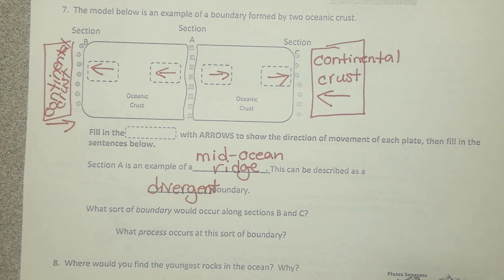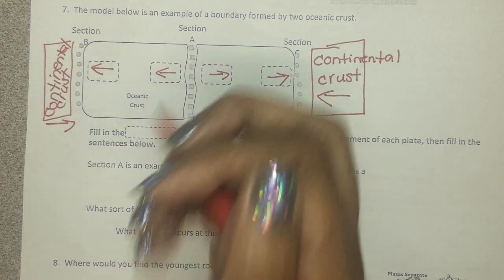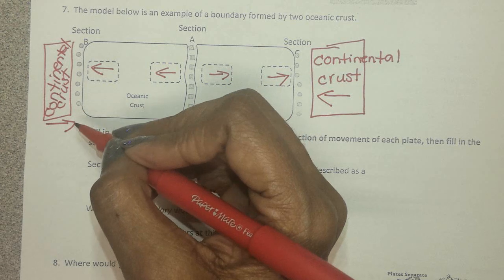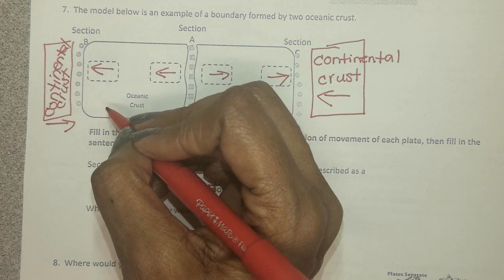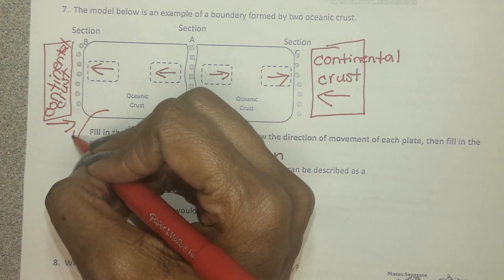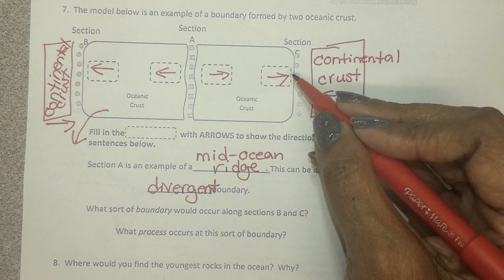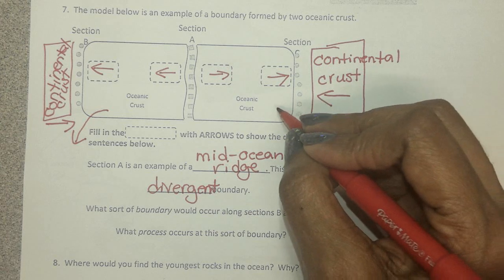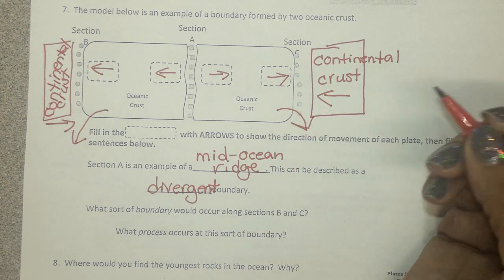All right, what sort of boundary would occur along section B and section C? Okay, so B is here. This is the ocean plate. It's converging with a continental plate. So this ocean plate is going to sink. Over here, you have an ocean plate converging with a continental plate. This ocean plate is going to sink.